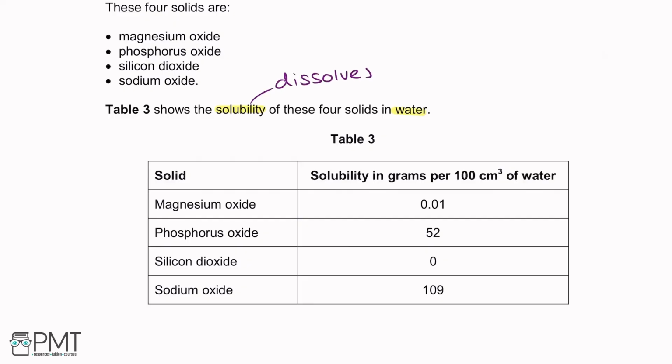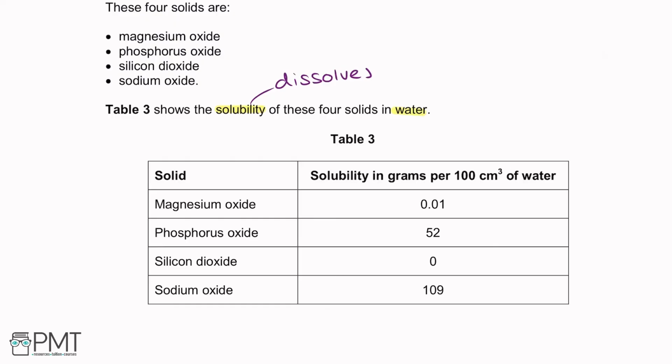So the information we are given is the solubility in grams per 100 centimeter cubed of water. So how much of these solids will dissolve in 100 centimeters cubed of water? So for magnesium oxide, that is 0.01. So it's very insoluble. Not much of it dissolves.